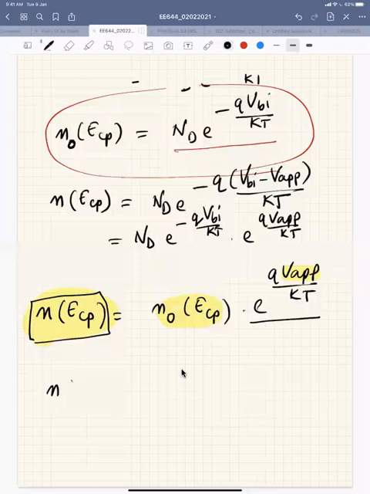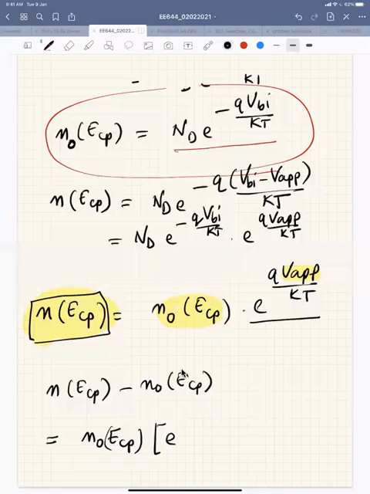So the difference is my excess carriers. Excess carriers will be N0 ECP times e to the power Q V applied by KT minus 1. So this is called the excess carriers.